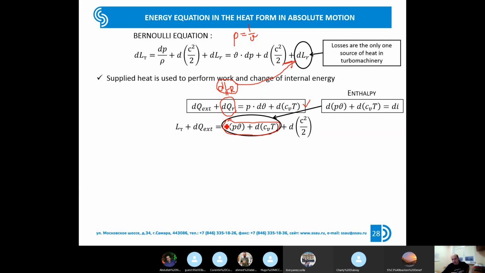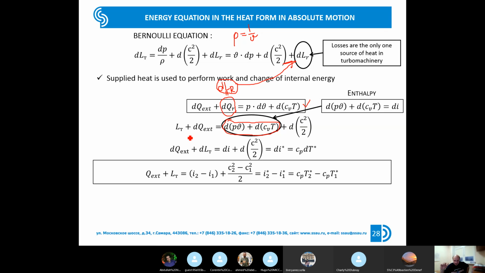That's why we can receive this equation, and after the integrating process, we receive this equation, which is called the energy equation in heat form in absolute motion. I hope you know this equation, and I hope you remember that enthalpy plus kinetic energy of the flow is the total enthalpy, or enthalpy of the stagnated flow.